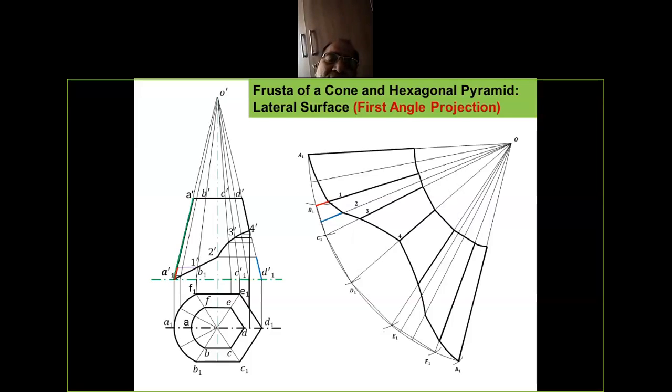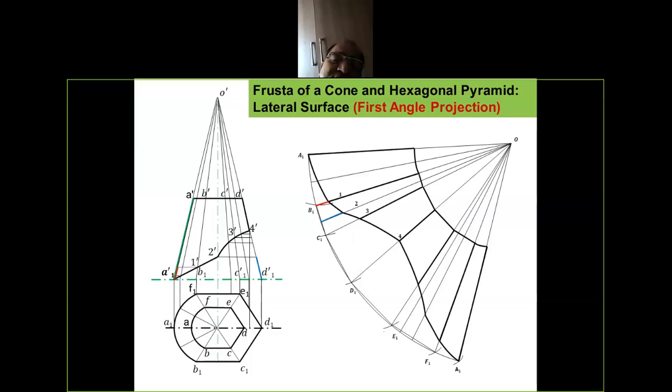The top view is drawn below the reference line, and then according to its axis, a section is cut. We can draw the projections of this figure by joining at point S.